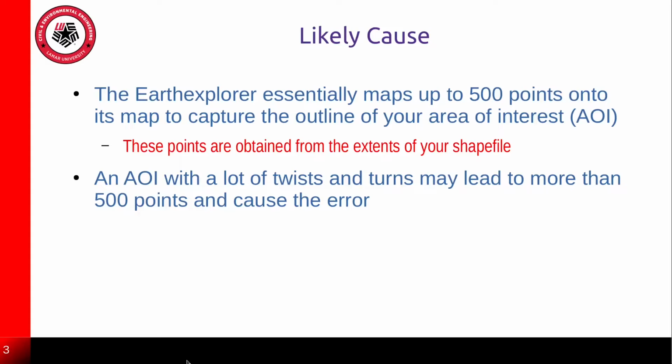So it's not your vector file that is causing this problem, but really Earthexplorer taking your vector file and trying to create the points it needs to obtain the tiles of interest to you. Especially if your AOI has a lot of twists and turns, Earthexplorer is trying to map all those little twists and turns, which will lead to more than 500 points and cause this error.